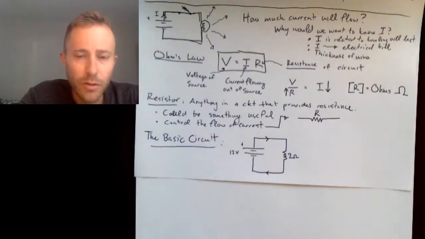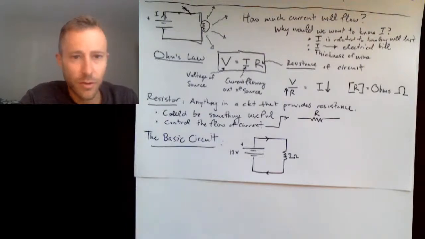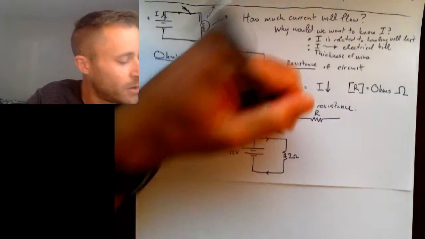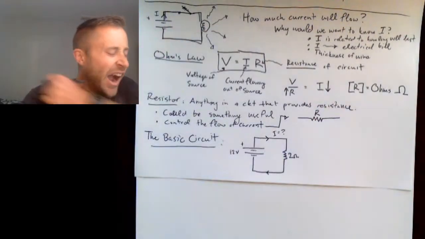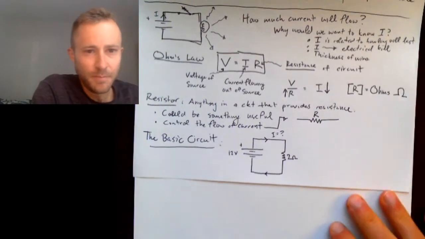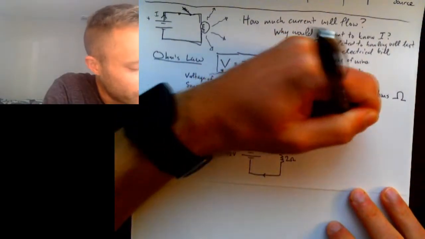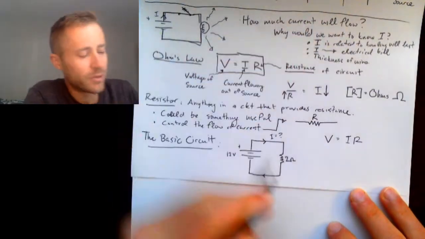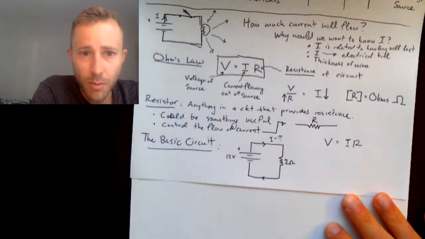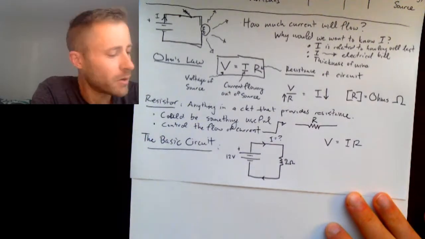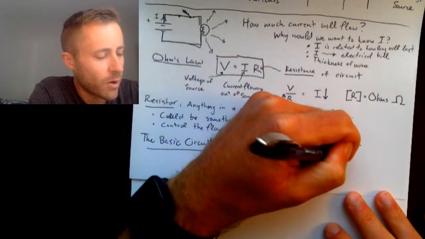So the question is, how much current is going to flow? This is a really simple question to solve because we just use Ohm's law. The resistance of the circuit is 2 ohms, so I'm going to replace R with 2.